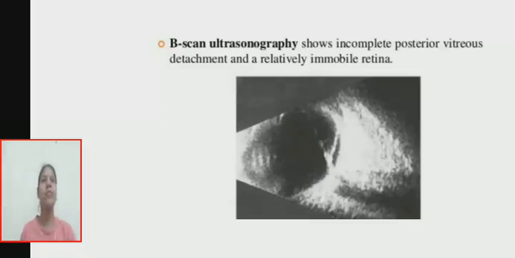B-scan ultrasonography shows incomplete posterior vitreous detachment and a relatively immobile retina.